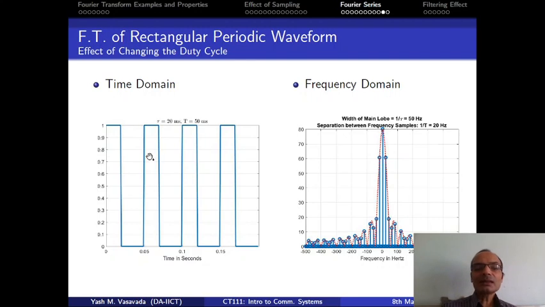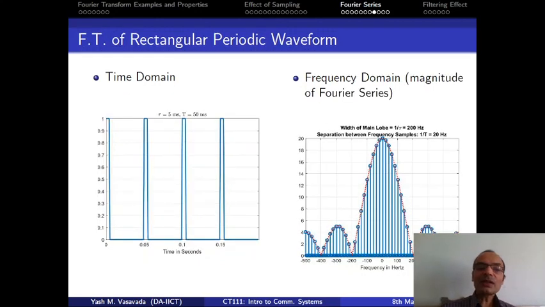If I make the time domain pulse even larger, instead of 10 millisecond long pulses, if I make them 20 millisecond long pulses, the Sinc function becomes even more shrunk. But the thing to be noted is that the interval between the impulses in the frequency domain is still exactly 20 hertz, inverse of 50 millisecond, because that part is remaining unchanged.